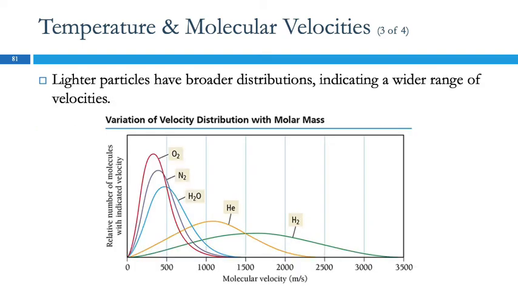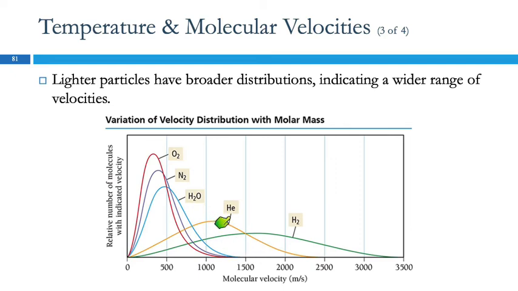This graph is showing the distribution of velocity for different gases. These would all be at the same temperature, from not moving at all to going very, very fast. If we look at hydrogen, hydrogen's distribution is very broad. The root mean square, the average, is going to be out here somewhere. This is the smallest of those elements, and its average is going to be the highest.